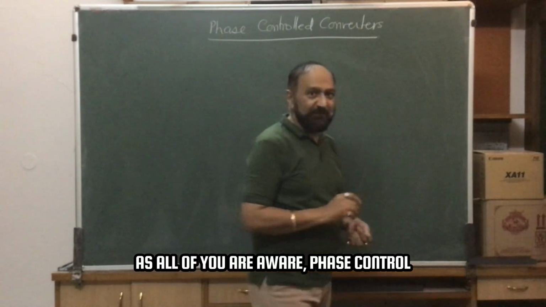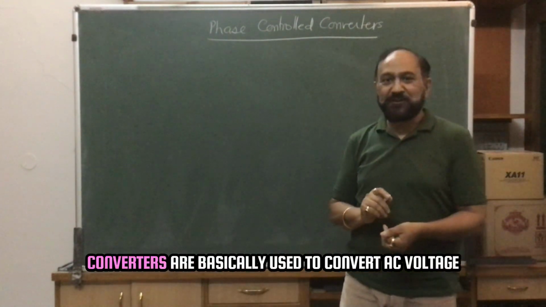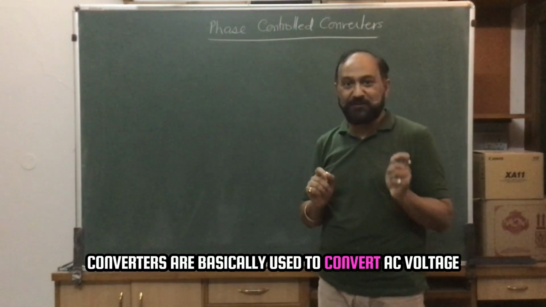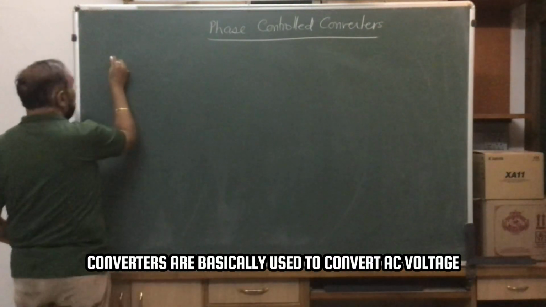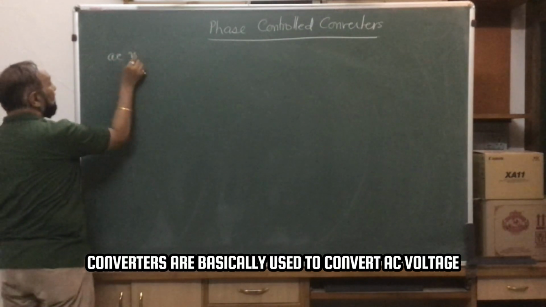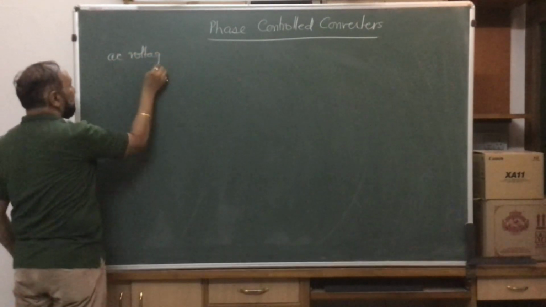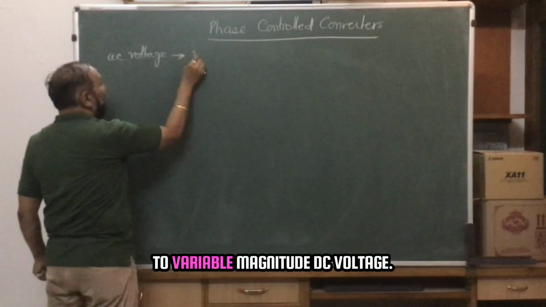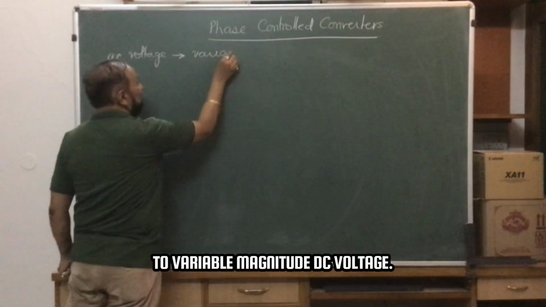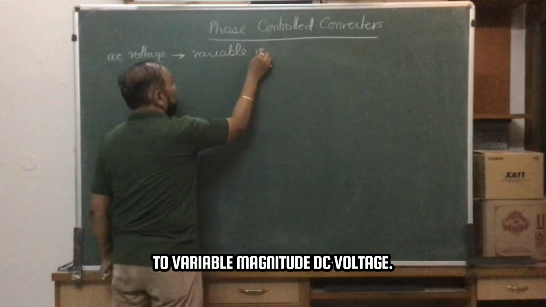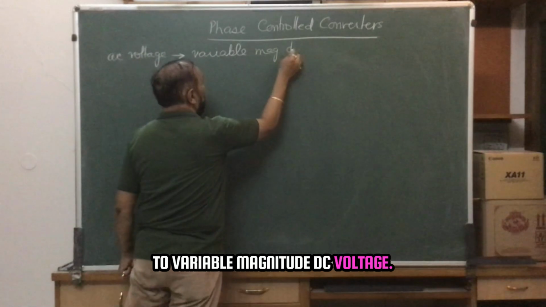As all of you are aware, phase controlled converters are basically used to convert AC voltage to variable magnitude DC voltage.